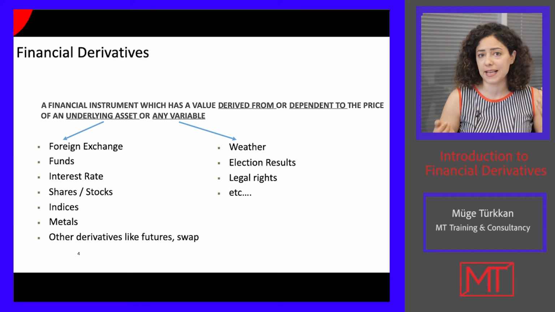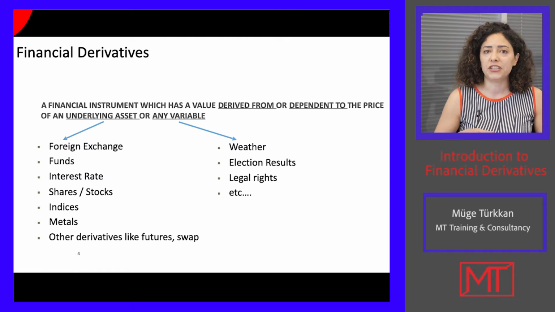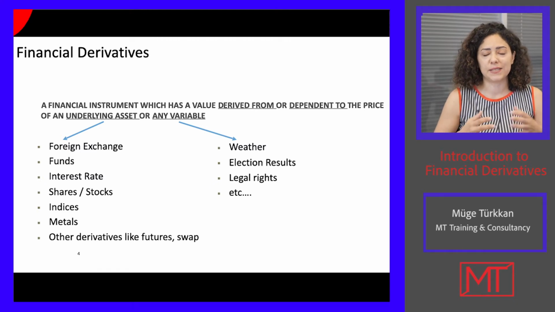transaction as the underlying asset. Also, that underlying asset can be a more abstract thing like the weather, election results, or legal rights. It can also be a partnership share of your company.